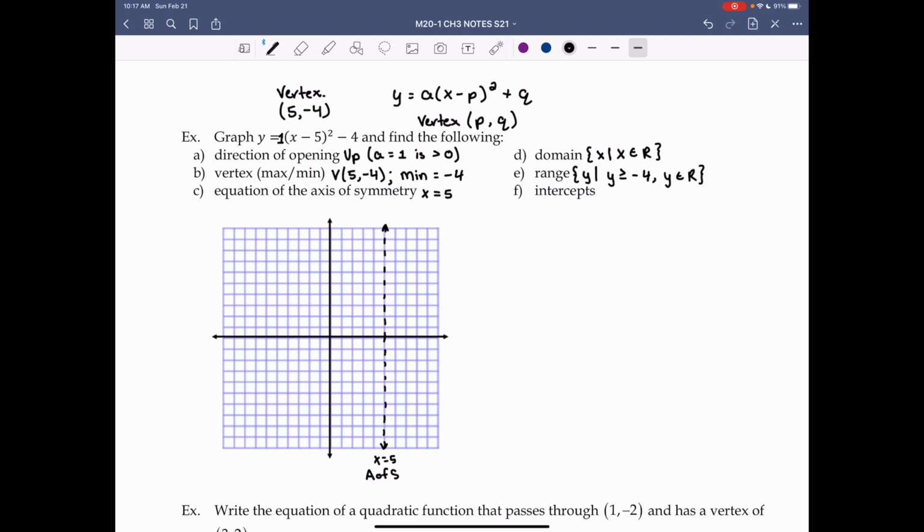And then the intercepts we can do both graphically and algebraically. Let's graph our function next. So I know the vertex is at (5, -4). Right here is the vertex. Let's use our graphing calculator to help us out.